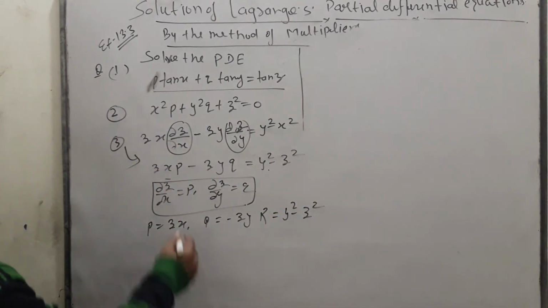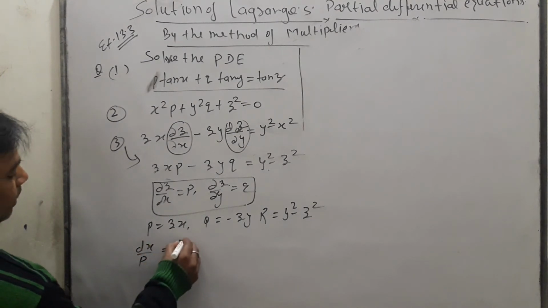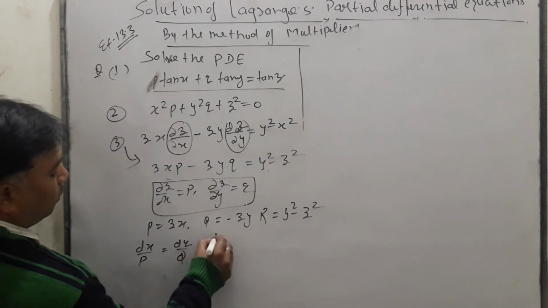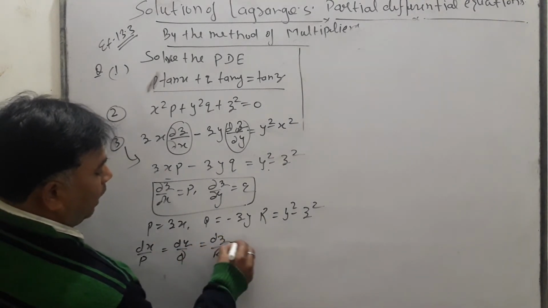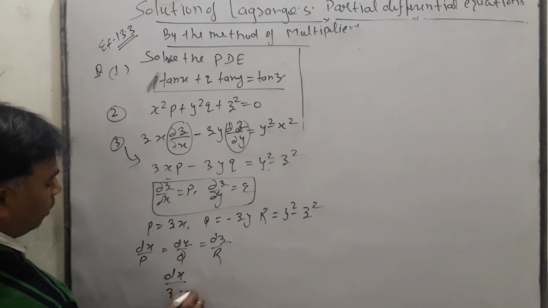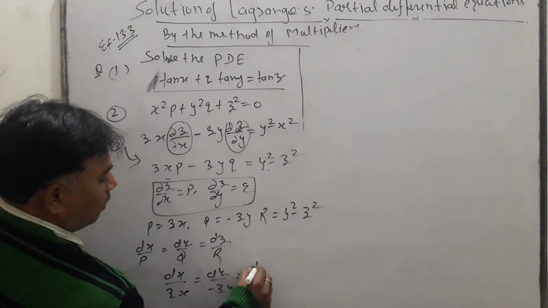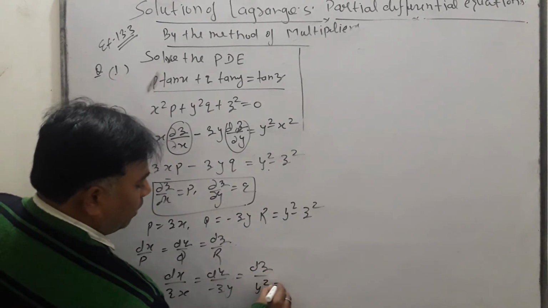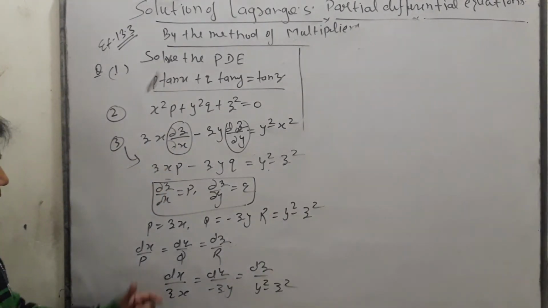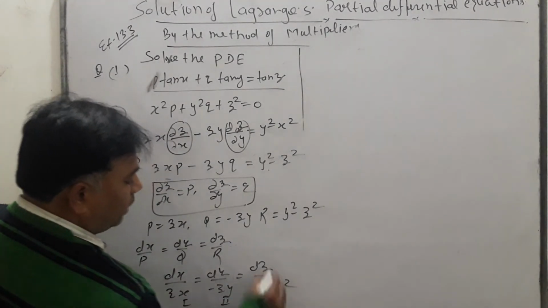Again starting the same procedure, the auxiliary equation is dx/P = dy/Q = dz/R. Writing down the values: dx/zx = dy/(-zy) = dz/(y² - z²). Again you get three terms: first, second and third.